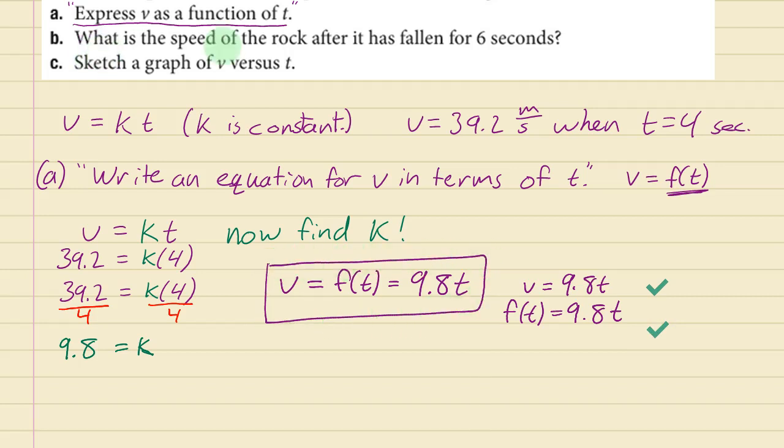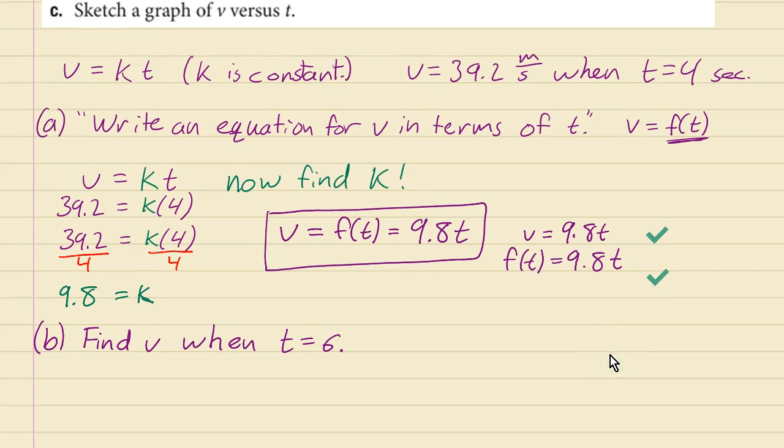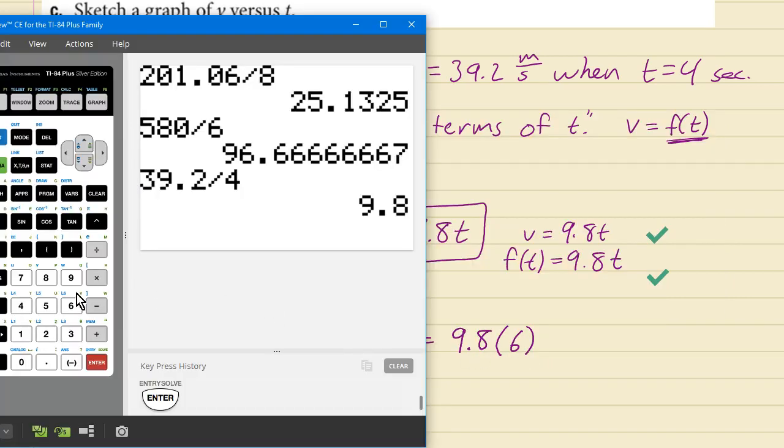Okay, now let's see what B is asking. What is the speed of the rock after it has fallen for 6 seconds? Well, the question is asking to find v when t equals 6. So you can just plug t equals 6 into the formula here, and the result is going to be v equals 9.8 multiplied by 6. I think I can do this in my head.